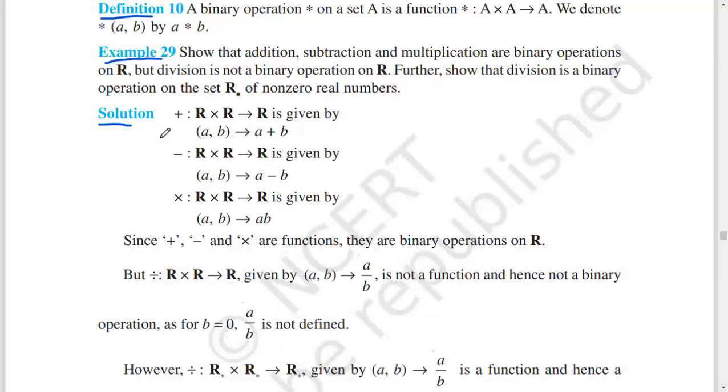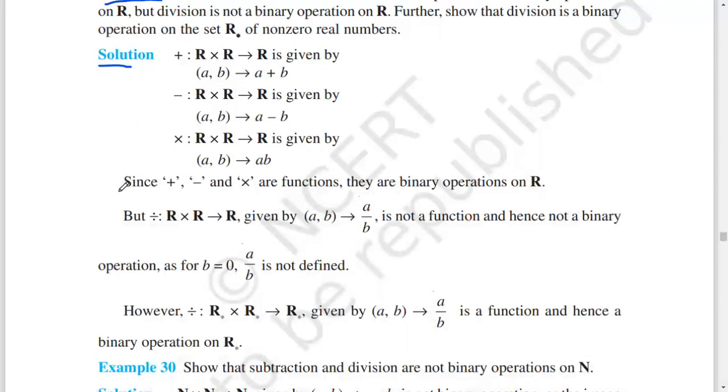Plus: R × R → R given by (a, b) → a + b, minus: R × R → R given by (a, b) → a − b, and cross: R × R → R given by (a, b) → ab.